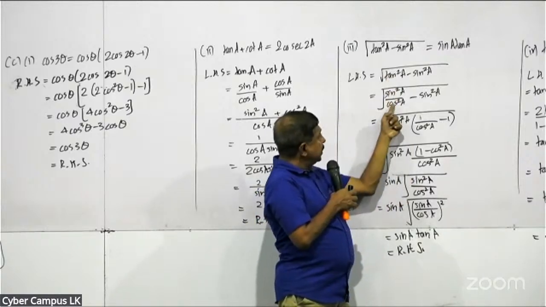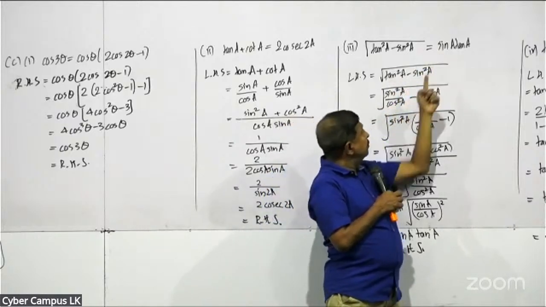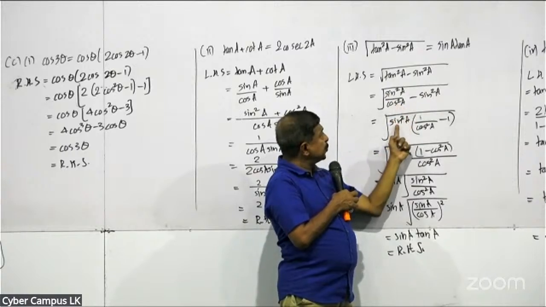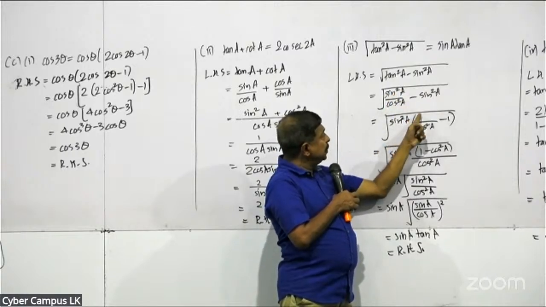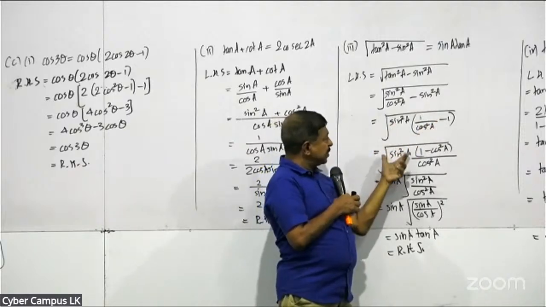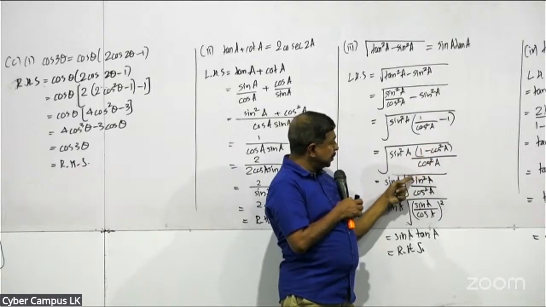Now write it like that. And since you need sine A, you can see that there's a common factor. Pull out sine squared. So it will leave you with 1 over cosine squared minus 1. Now leave it like that. Now you can simplify. Look, 1 minus cosine squared is sine squared.